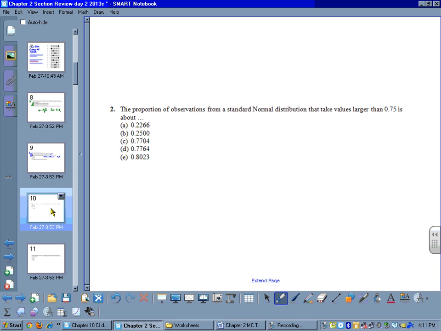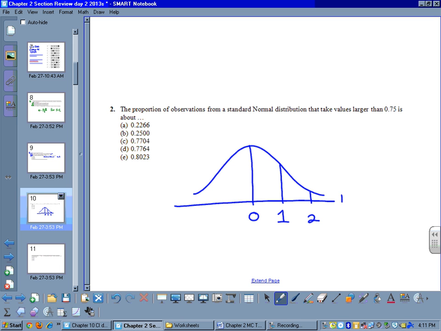Number 2: the proportion of observations from a standard normal distribution that takes values larger than 0.75 is about. If you have a standard normal distribution, it has a mean of 0 and a standard deviation of 1.